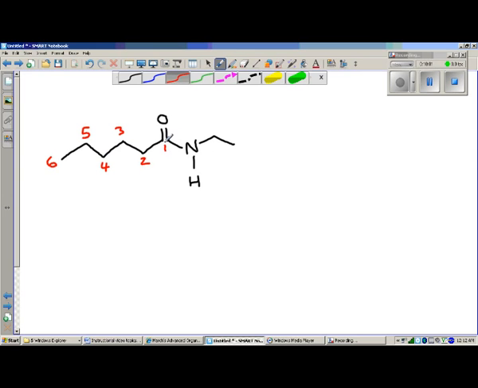But because the carbons start here, we can't really give the nitrogen a number, but the nitrogen is the location of the ethyl group. So instead of giving it a number, we haven't done this before, this is something new, we simply use the location of the nitrogen and say it's N. Because if we say, for example, N-ethyl, then we understand that means there's an ethyl group on the nitrogen.